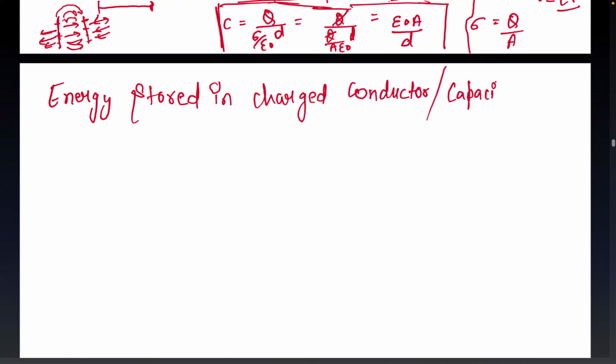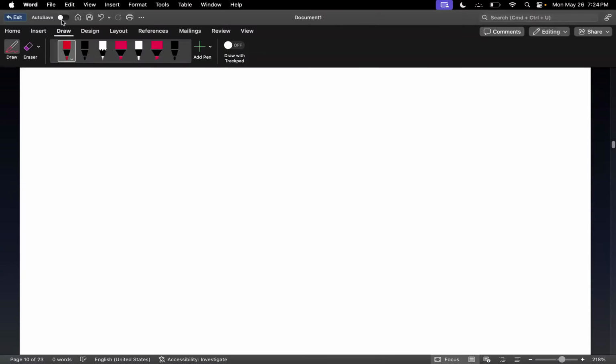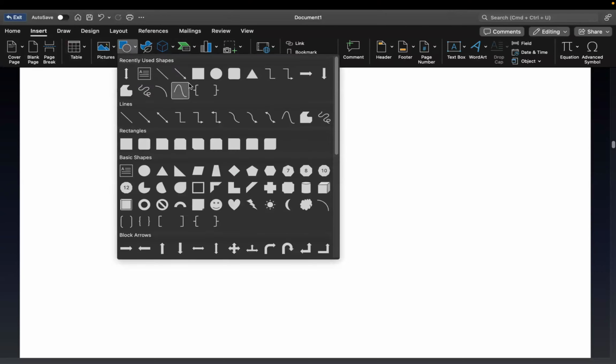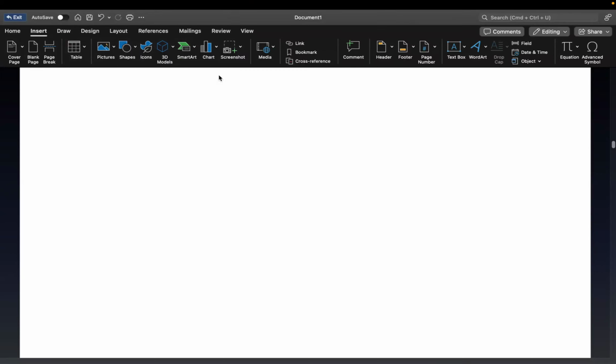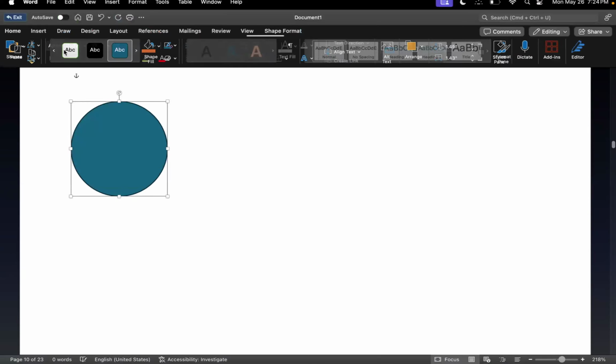Basically, these capacitors are nothing but a kind of conductor where we are storing some charge. How can we make it? Any idea? Okay, let's do one thing. Take an empty sphere.